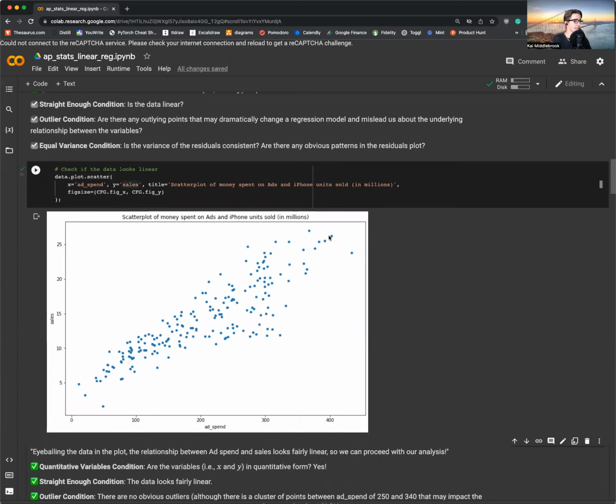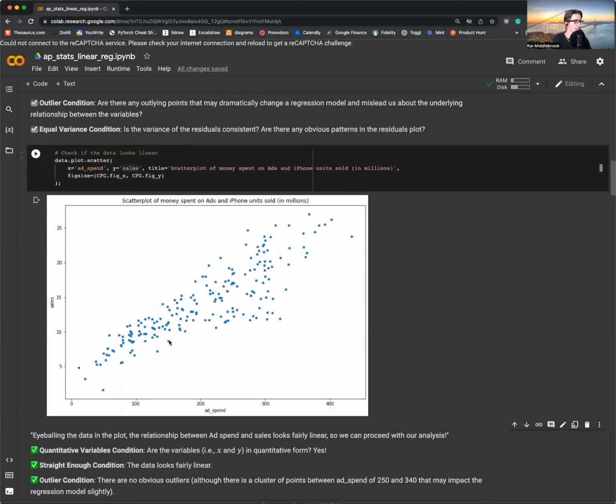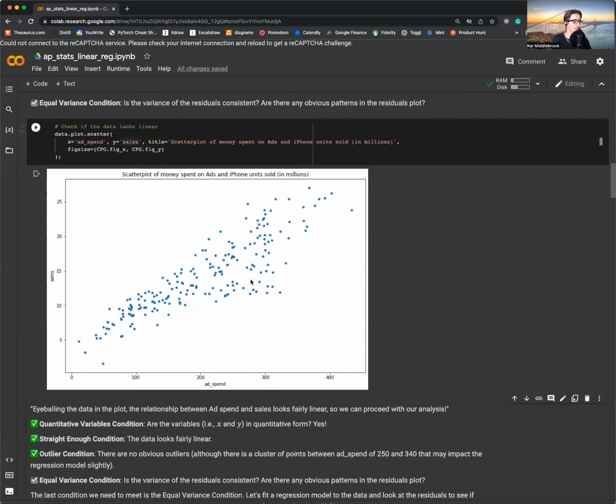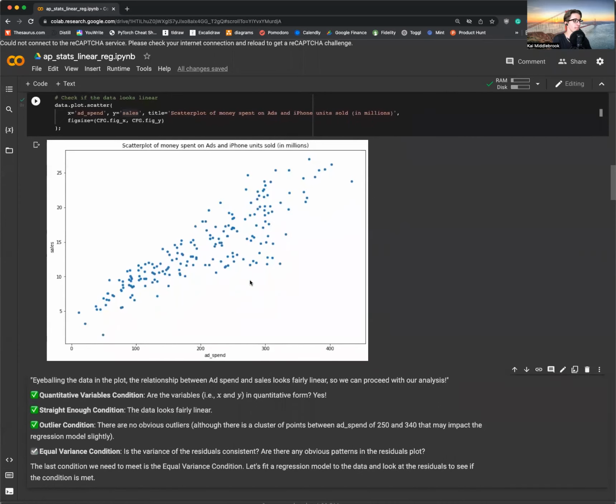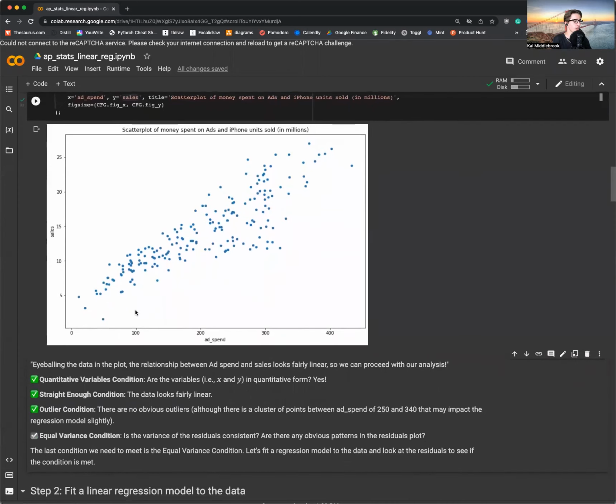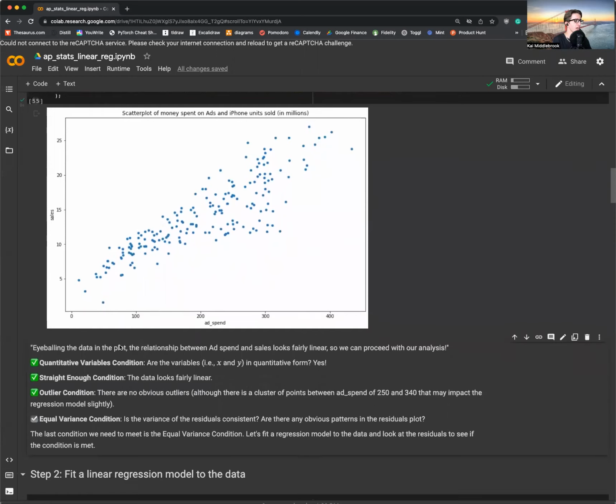To me, this looks pretty much like we could fit a linear model to it. It looks like the relationship is relatively linear, and I feel pretty confident that we will be safe fitting a linear model here. So with that, we can see that we've met the straight enough condition.